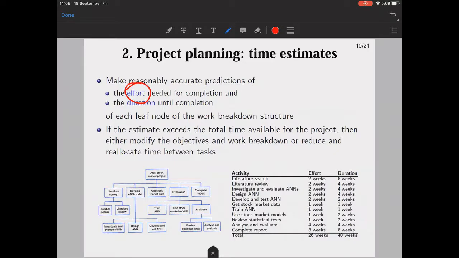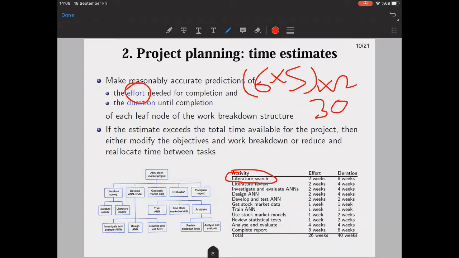It means that, suppose your literature search will take 2 weeks of effort, maybe 30 hours for each week, and since you have 2 of it, that will be your effort.